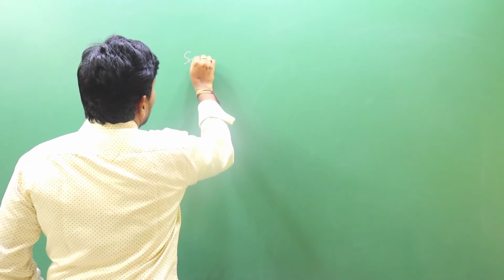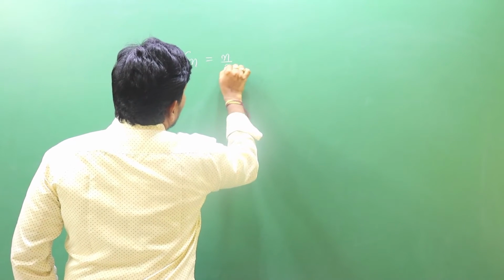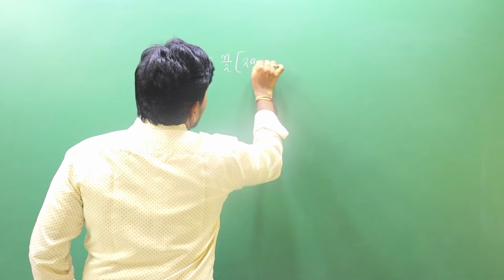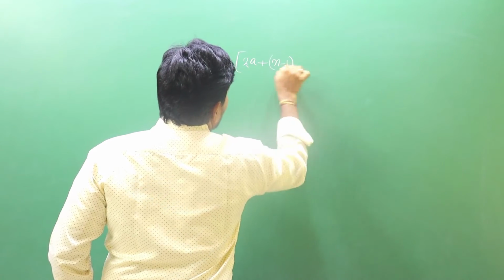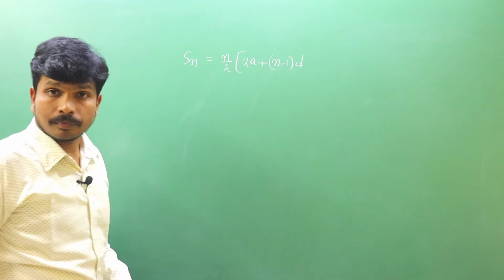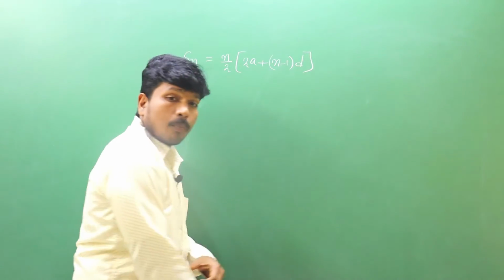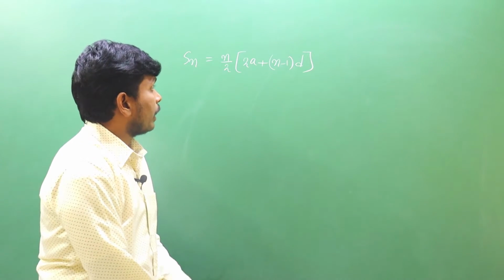So one more point we will discuss now. The sum of n terms in AP, Sn, is equal to n by 2 into 2a plus n minus 1 into d. This is the formula for the sum of n terms in AP.